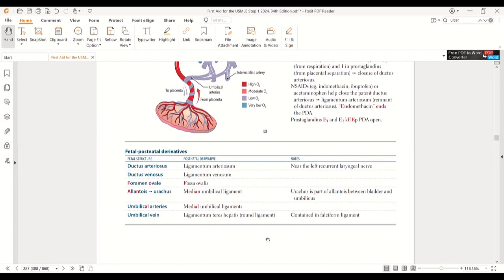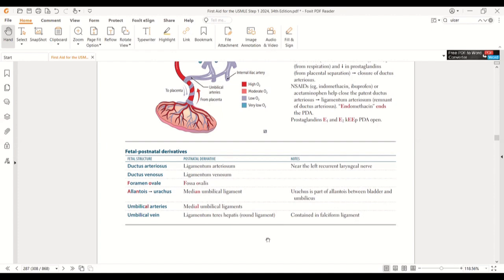What is the pathophysiology? What structure is unable to close? So this is the answer: when there is urine dribbling from the umbilicus, it means there is a patent urachus.